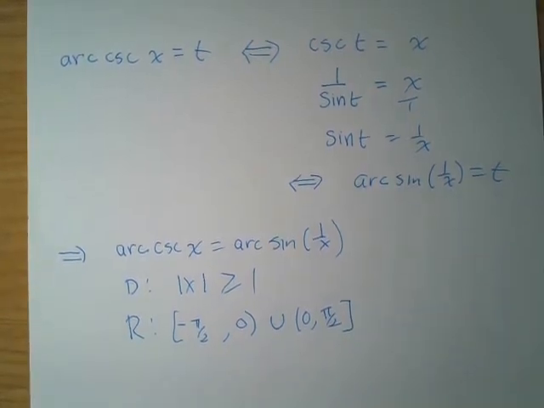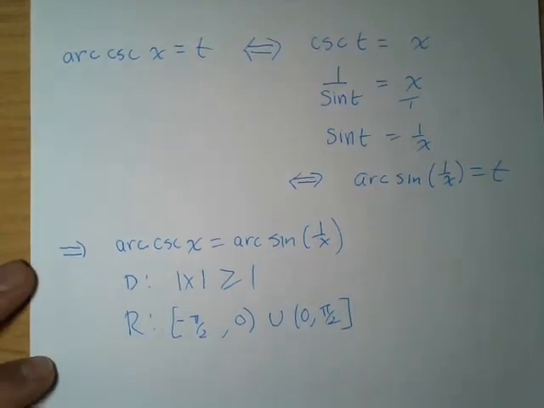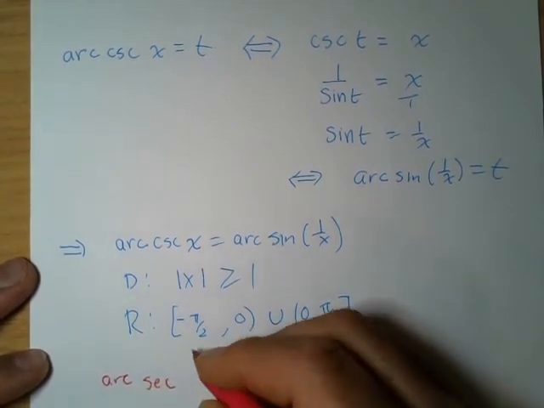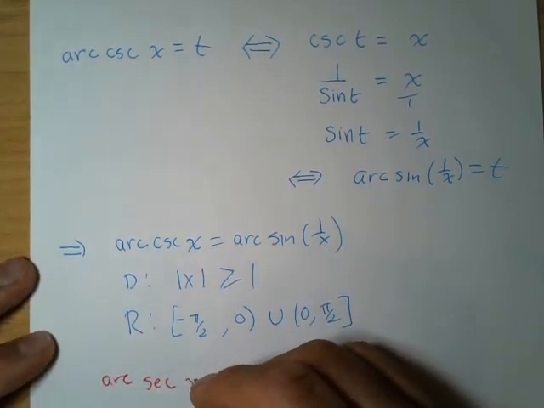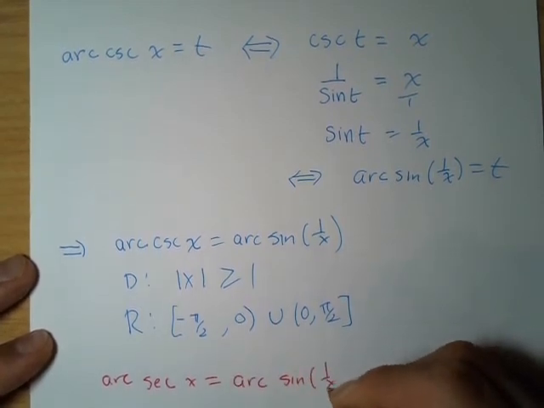In a similar fashion, I won't go through the whole derivation process, we can define the arc secant of x to be equal to the arc cosine of 1 over x.